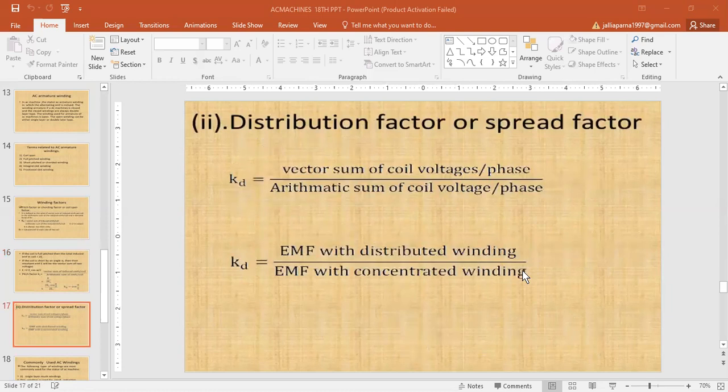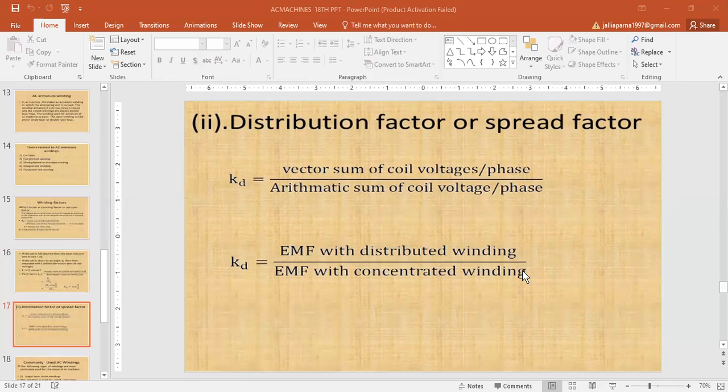Distribution factor or spread factor Kd. The distribution factor Kd is defined as the ratio of resultant EMF Er when the coils are distributed to the resultant EMF E when the coils are concentrated.